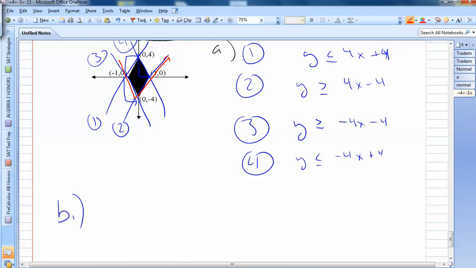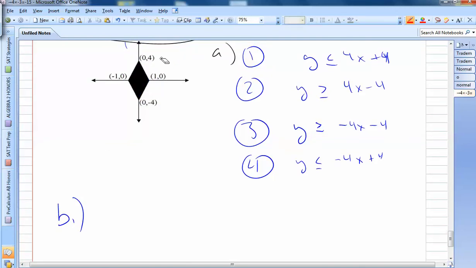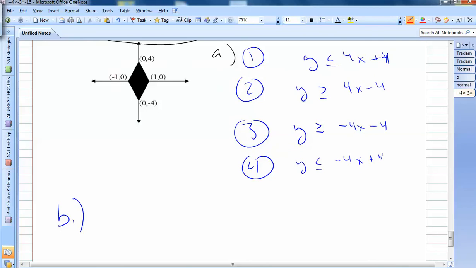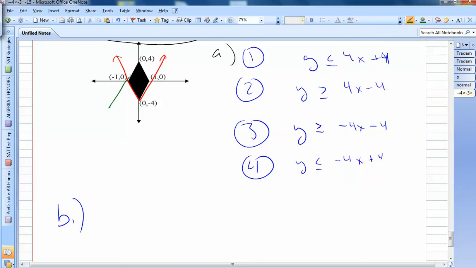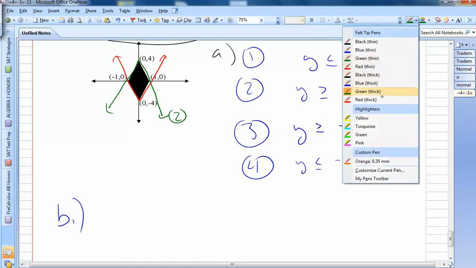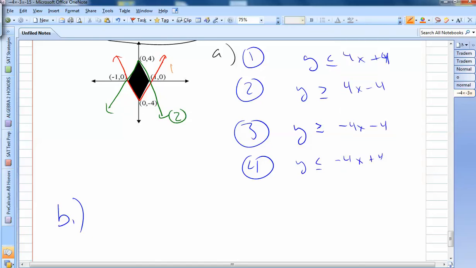and actually let me erase all this stuff here just so it doesn't look so busy. So here's one absolute value, and another one will be right there. We'll call this absolute value 2. Call that absolute value 1.